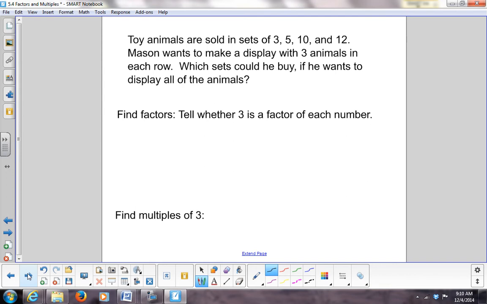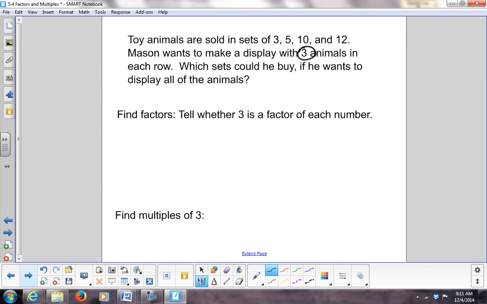So our first problem states that toy animals are sold in sets of 3, 5, 10, and 12. Mason wants to make a display with 3 animals in each row. Which sets could he buy if he wants to display all of the animals? The most important number right here is 3. So we want to find out if 3 is a factor of those numbers.